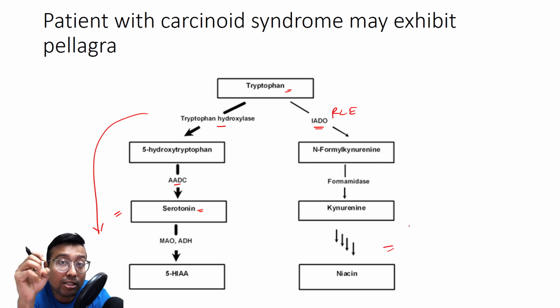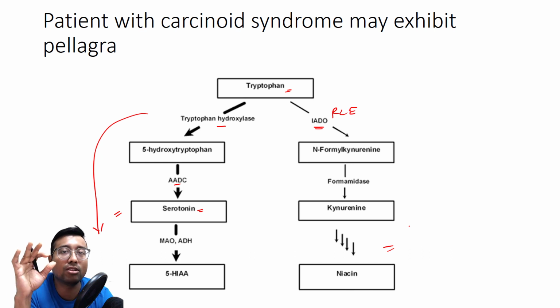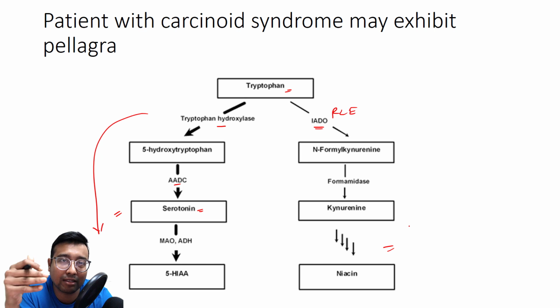In addition, since it is a tumor-like state, excess serotonin leads to vomiting and nausea, and the patient cannot eat. So there is dietary deficiency of niacin also. Neither can the patient take niacin from diet, nor can he synthesize niacin from tryptophan, its normal precursor. Therefore, the patient develops niacin deficiency, and that leads to pellagra.